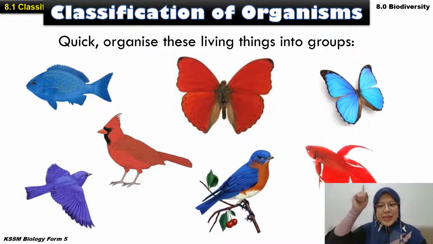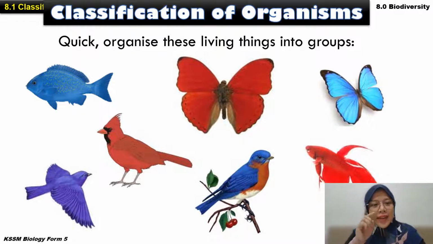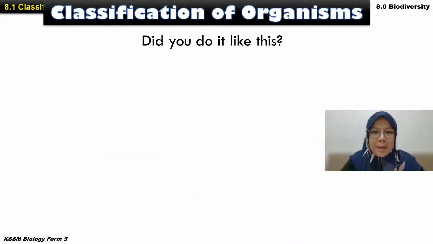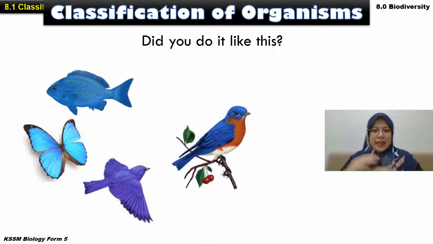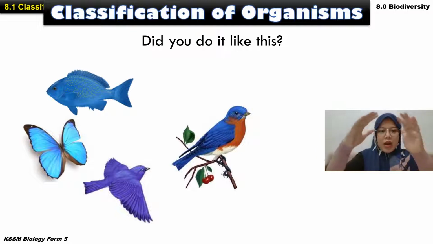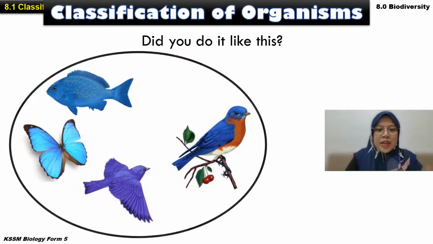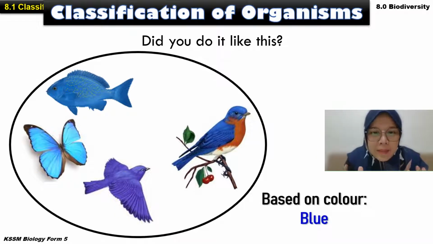Alright. So, can you see semua ni? Okay, ada ikan, ada burung, ada butterfly. And the colors, we have blue and red. So how are we going to classify all of this? Did you do it like this? Kita categorize them all according to color, blue.